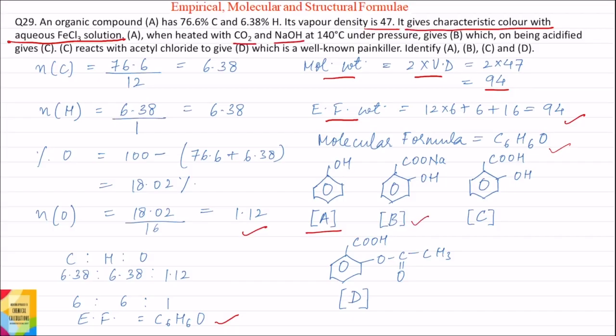So B is the sodium salt of salicylic acid, which on being acidified changes to salicylic acid or 2-hydroxybenzoic acid, which is C. Now on treatment with acetyl chloride, it leads to the formation of the compound D, which is acetyl salicylic acid, and is also a well-known painkiller known by the name aspirin.